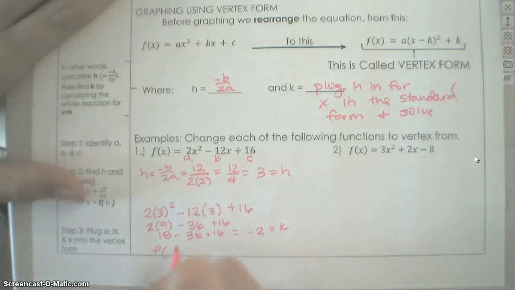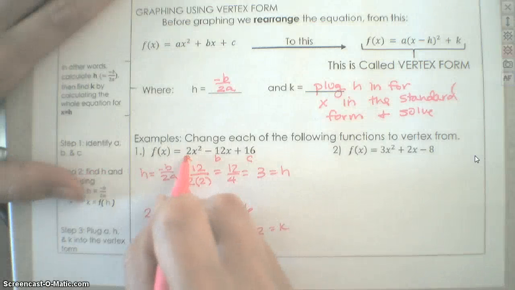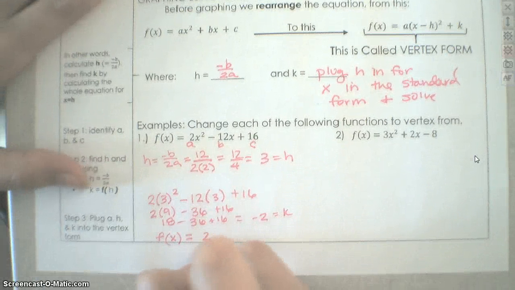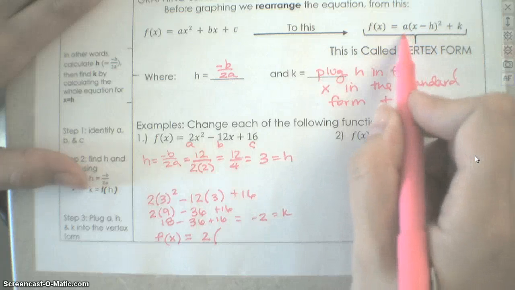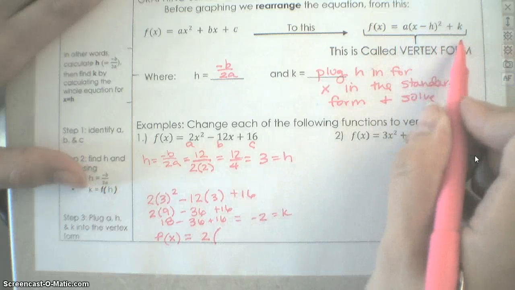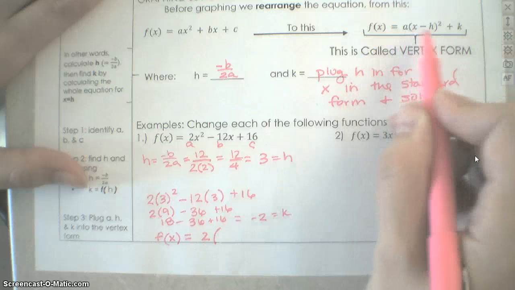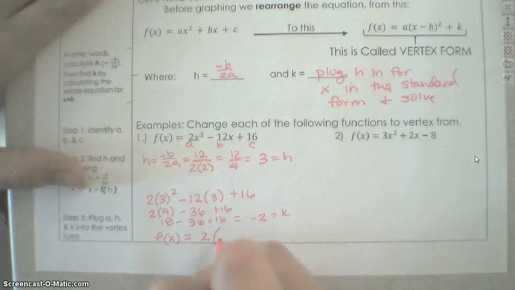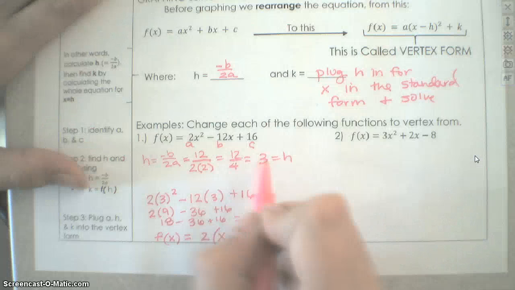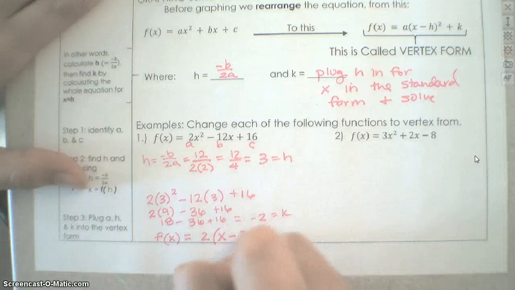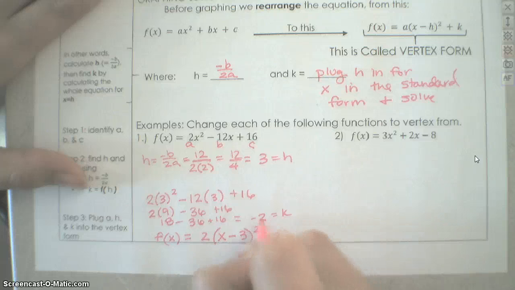So f of x equals my a, which up here is 2, parentheses, so I'm using vertex form here, just plugging in the a, the h, and the k. So x minus my h, which is 3, make sure it's squared, and then my k out back here, that negative 2.